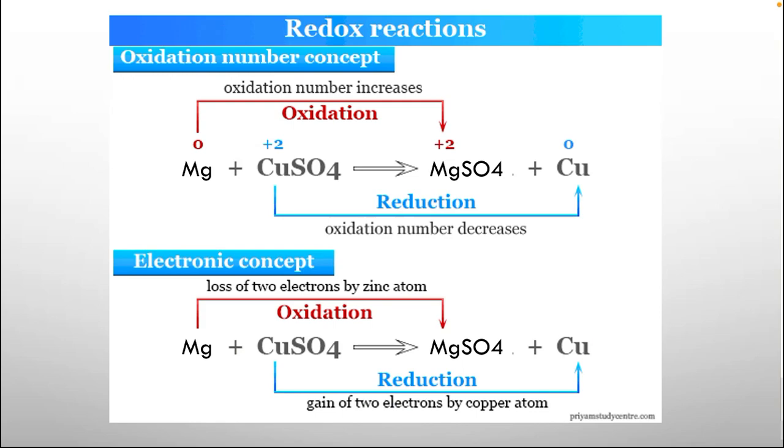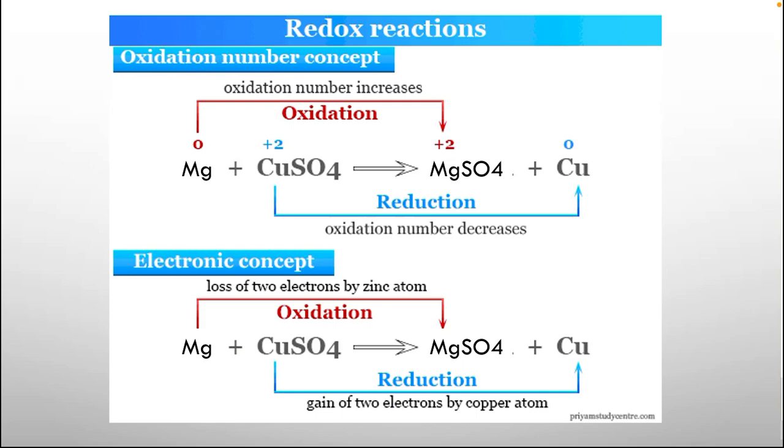So look at that process, redox reaction. Oxidation number concept. Here magnesium reacts with copper sulfate. Copper is actually having 2 holes, plus 2 valency will give you 2 holes, and copper gains the electrons from magnesium and it will become neutral, whereas there will be 2 holes now in magnesium, which is attached with sulfate.